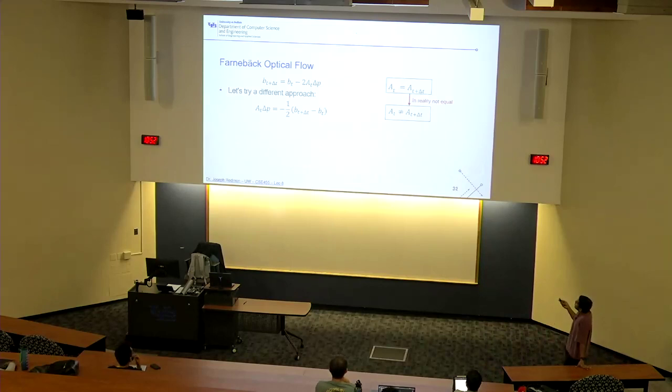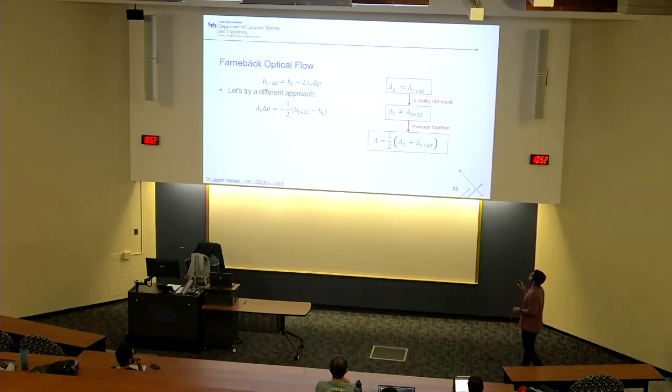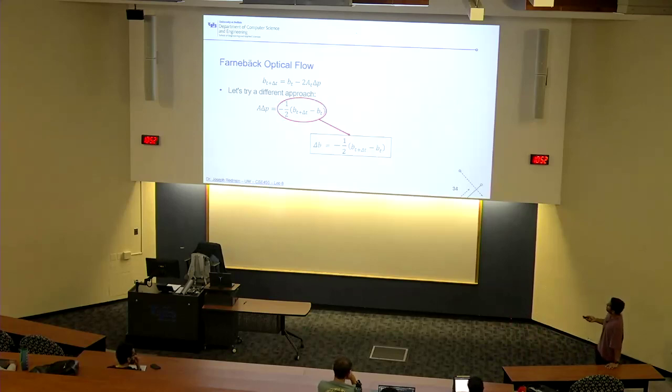So we update our assumption a little bit and sort of plug in that domain knowledge that we have about the problem that we're trying to solve. So instead of just considering the two of them equal, we know that there's some motion, so we average the two of them together and just call that A. So there's only one A term that we need to worry about.